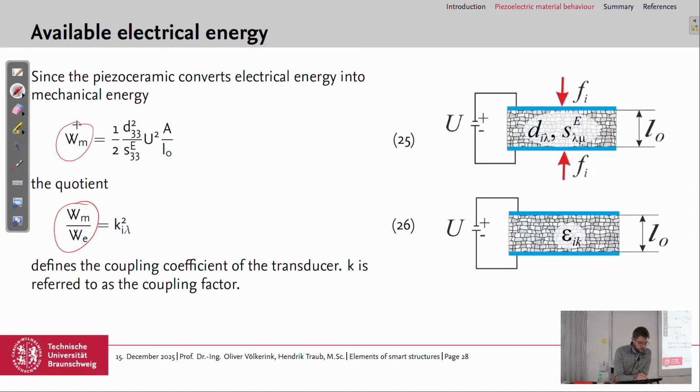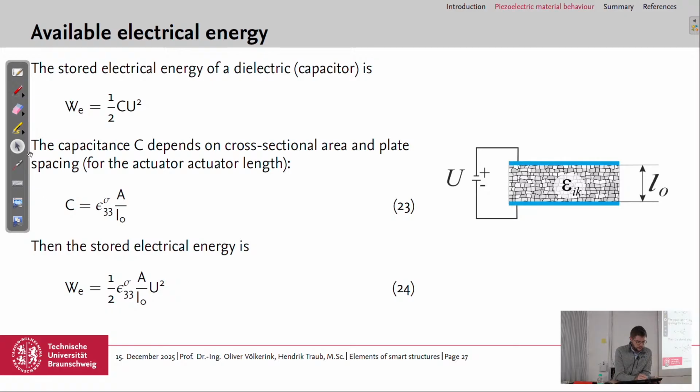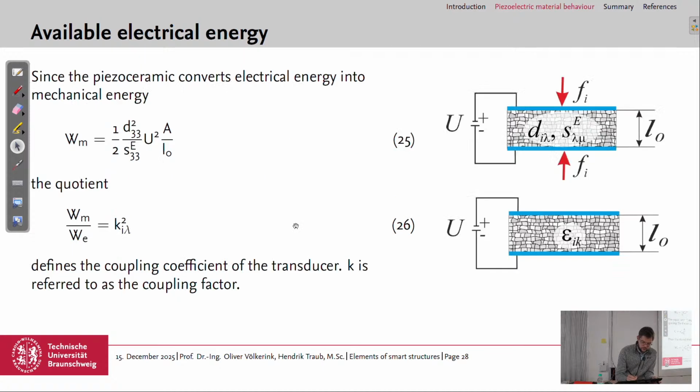Here's the definition of our stored mechanical energy again, from the slide before this, and we use the definition of the stored electrical energy. And this gives us this k lambda squared, which is the coupling coefficient of the transducer.